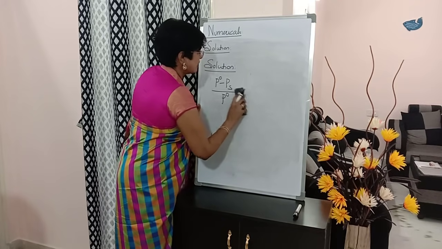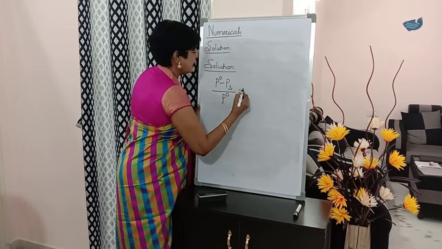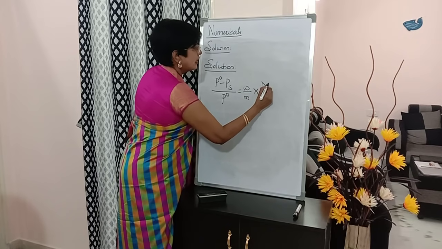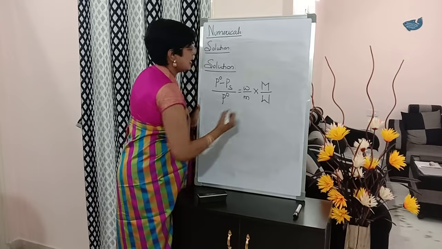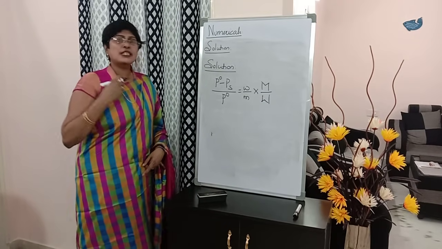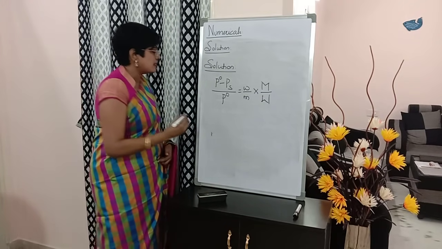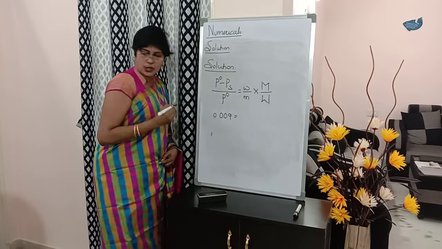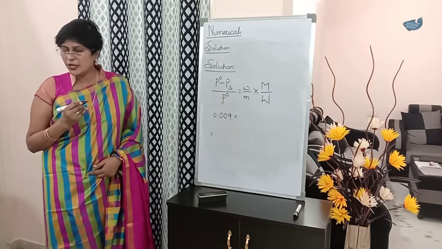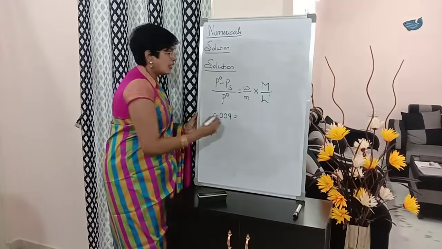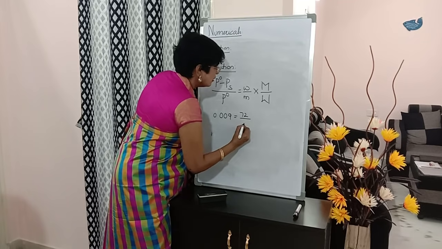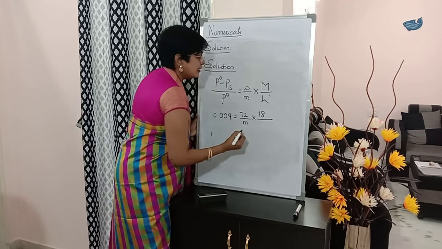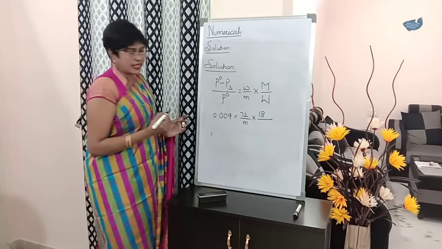P0 minus Ps by P0 is equal to small w by small m into capital M by capital W. So, how much is P0 minus Ps by P0, students? 0.009 is equal to small w 72. We do not know m, capital M 18. And capital W, how much, students? 1000.